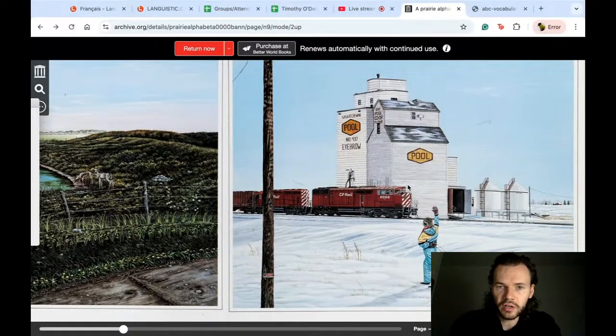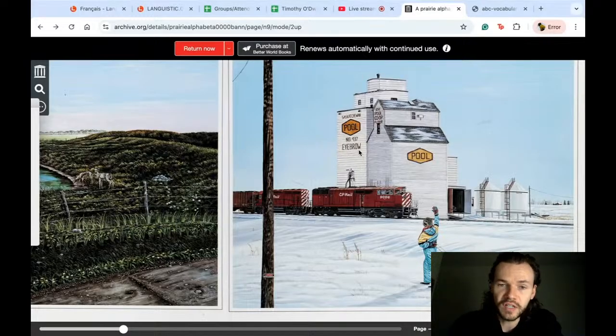This right here is a grain elevator belonging to the Saskatchewan wheat pool. The Saskatchewan wheat pool. This is also very specific to me because my grandpa worked for the Saskatchewan wheat pool.